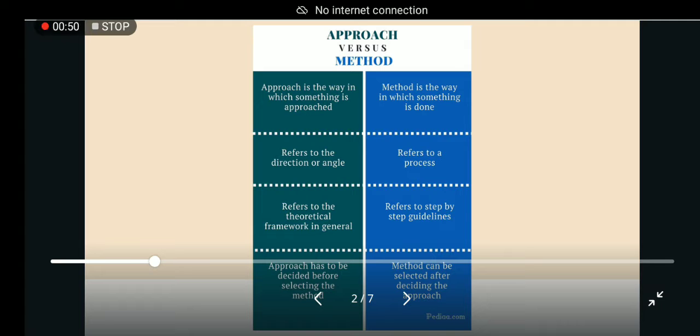On the other hand, a method is a practical implementation of an approach. A theory is put into practice at the level of a method.